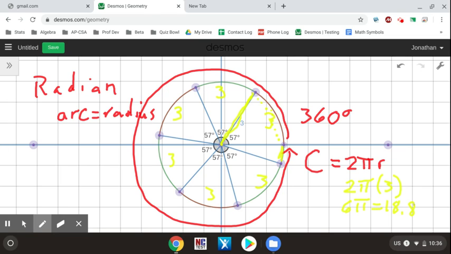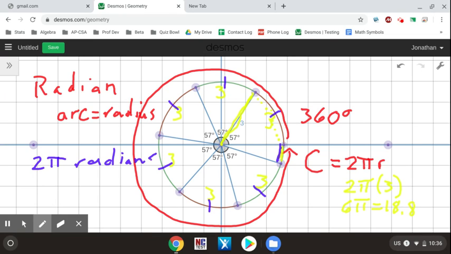How this relates to the radius and the radians is, if you count, I have 1, 2, 3, 4, 5, 6, and a little bit extra. In other words, I have a little bit more than 6, or it turns out to be exactly 2 pi radians in a circle.